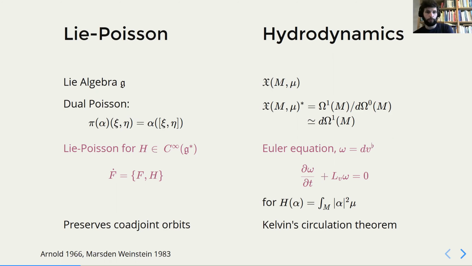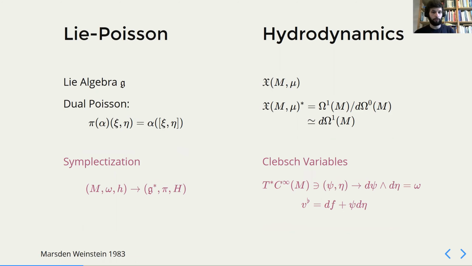And another really nice construction is the so-called symplectization. So you have the flow on the dual of the Lie algebra, and what you would like to do is write it as a symplectic Hamiltonian system. What you can do there is, for example, take a symplectic manifold and some Hamiltonian there, denoted by the small h.